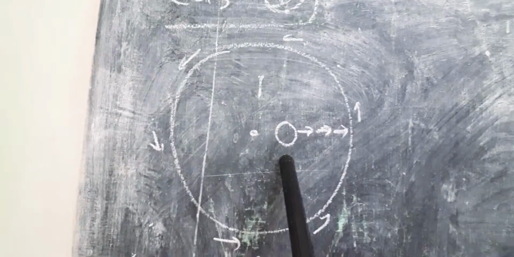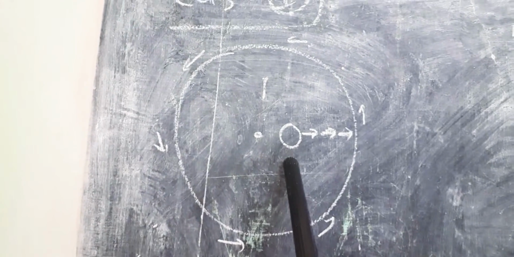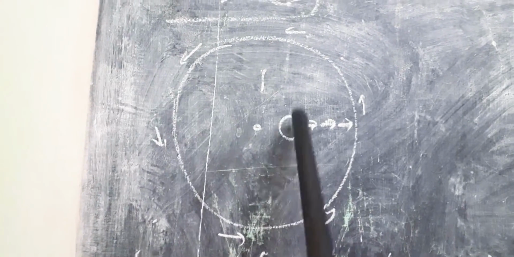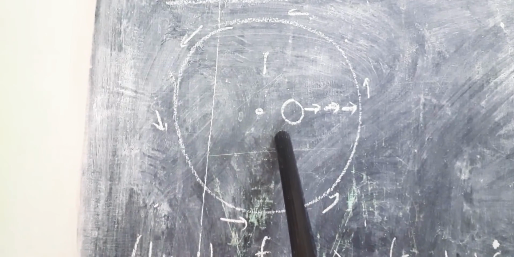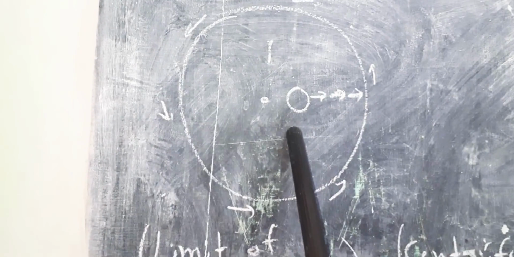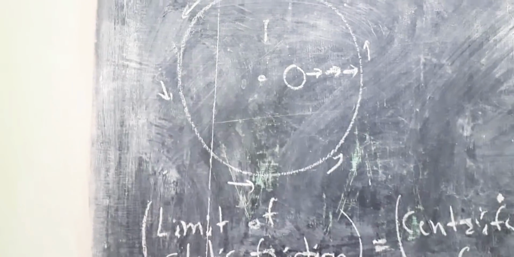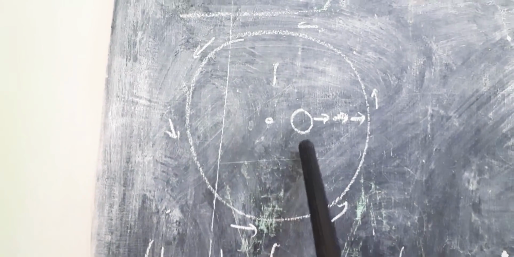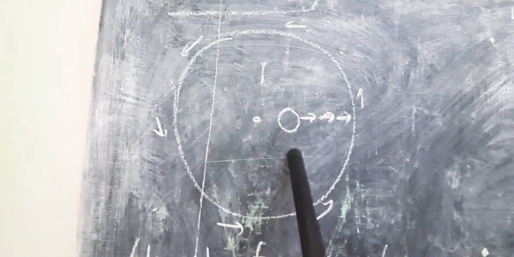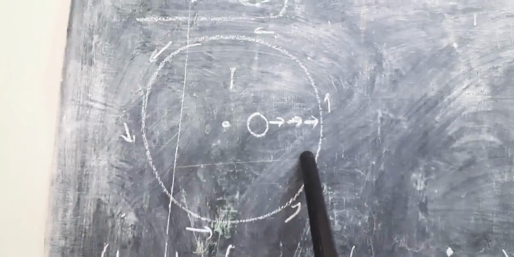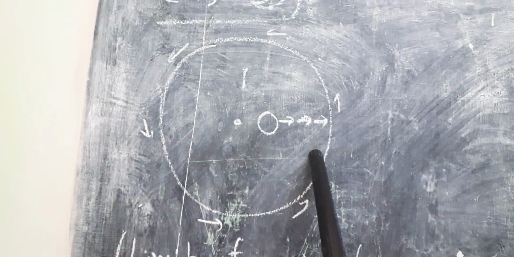In this case, there is only one force acting between the coin and disc, that means friction, and maximum friction is called the limit of static friction. So this limit of static friction, the maximum frictional force, must be equal to the centrifugal force.